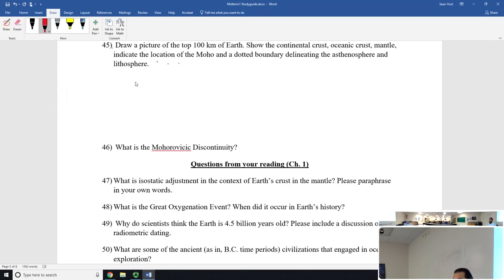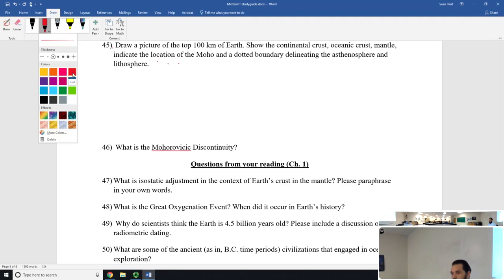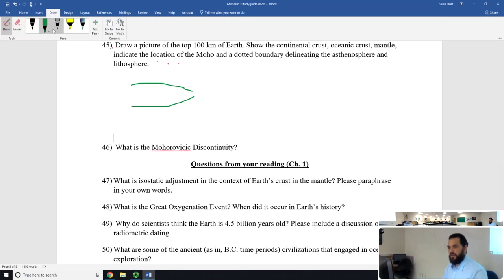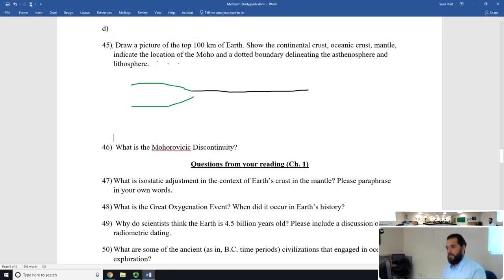Okay, first you have the continental crust. So you have the continental crust, it's rather thick. Then it's going to taper out, and you're going to have the ocean crust.